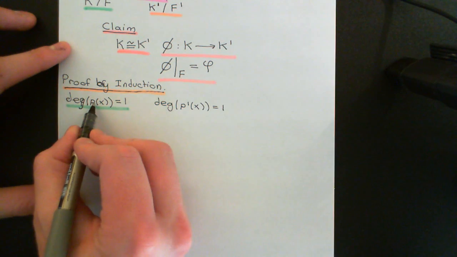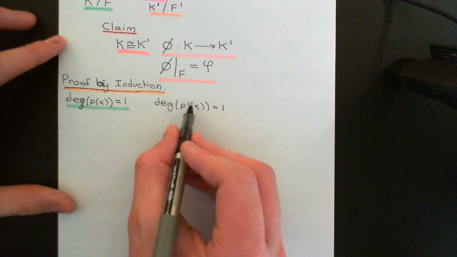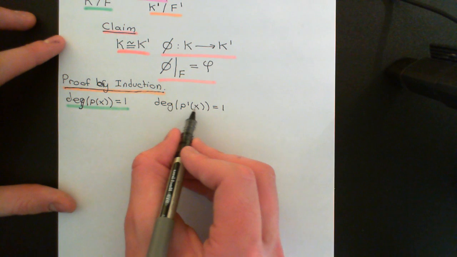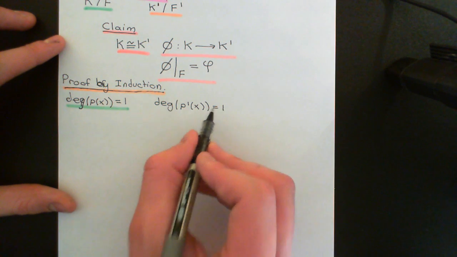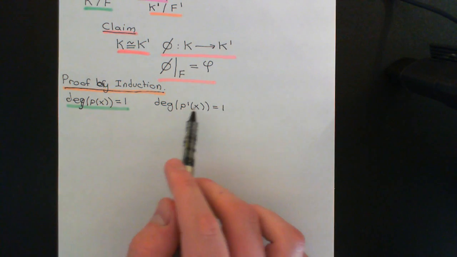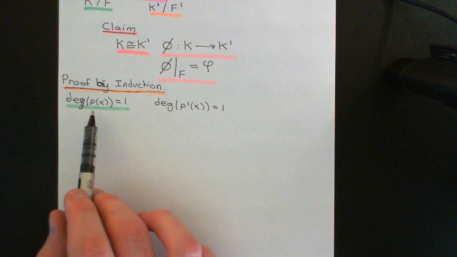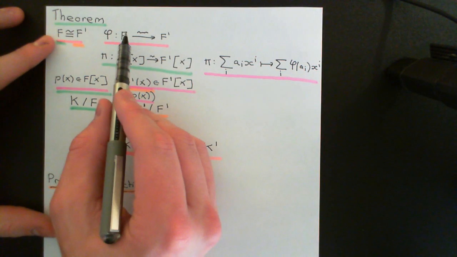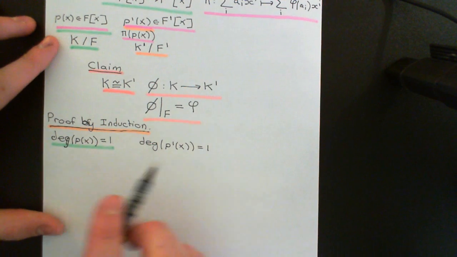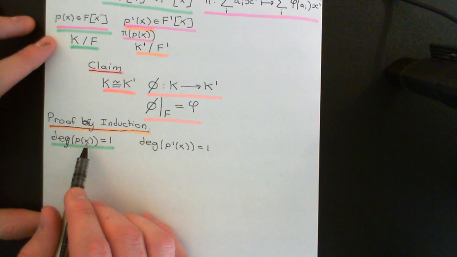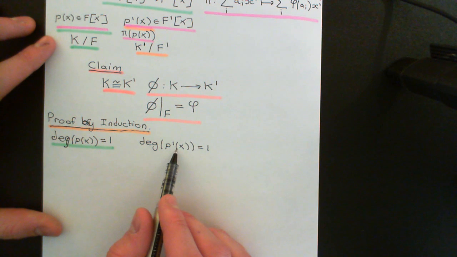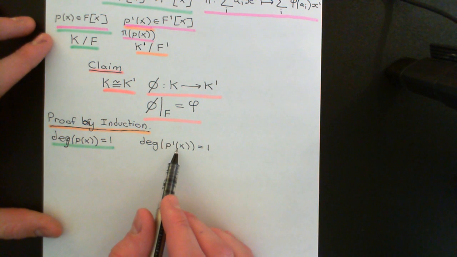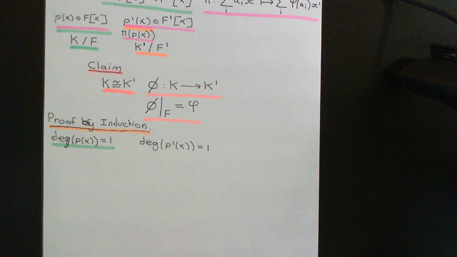Okay, all of the coefficients in here will just be mapped onto their equivalent element in F prime, and you'll end up with P prime of X also having degree 1. And note, because it's an isomorphism between these two, you can be sure that if the leading coefficient in front of the x to the power of 1 term was non-zero here, the leading coefficient of P prime of X will not be equal to 0, because remember, an isomorphism will map 0 onto 0.